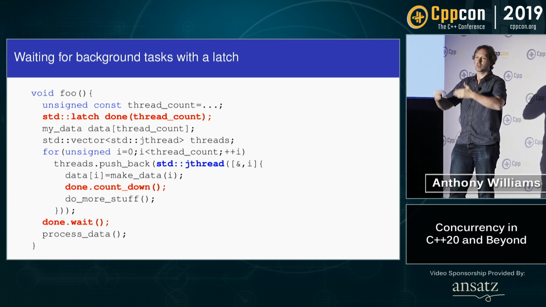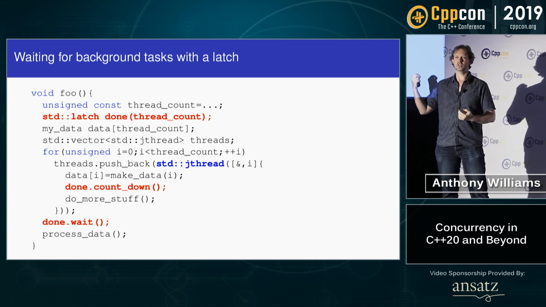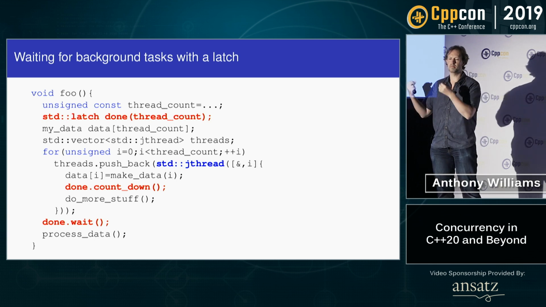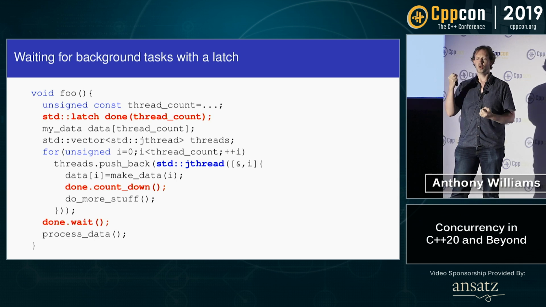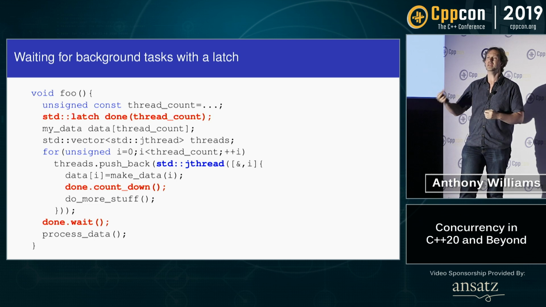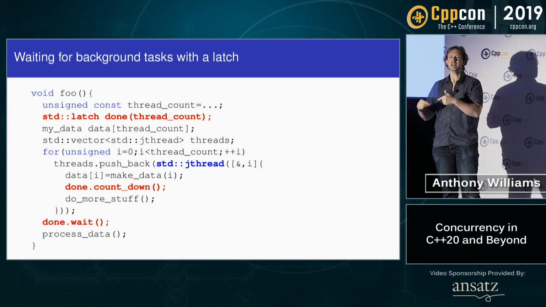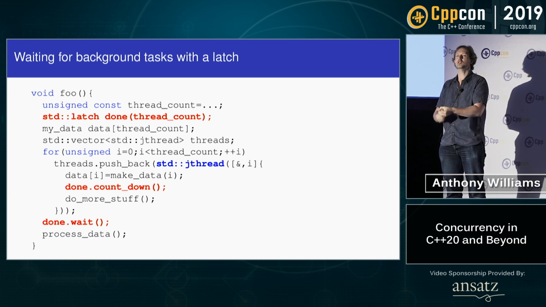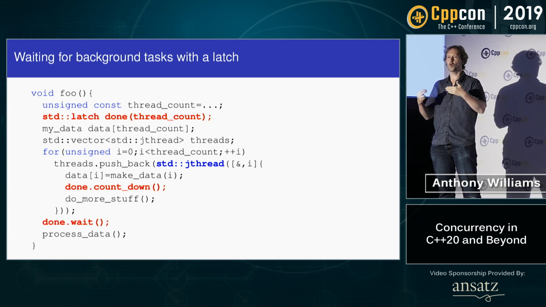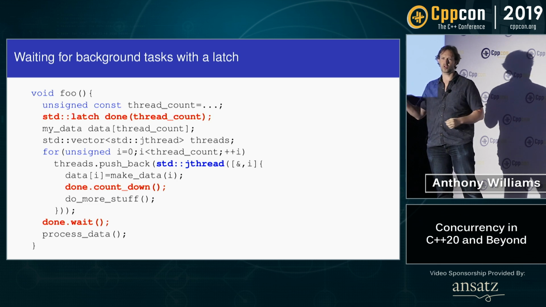We start our threads, and each thread is going to generate its own data with this make data function and populate the corresponding element of the data array. When it's generated its specific set of data, it's going to count down the latch and then carry on doing other processing. So we're not waiting for the threads to finish, we're waiting for the data block to be populated.